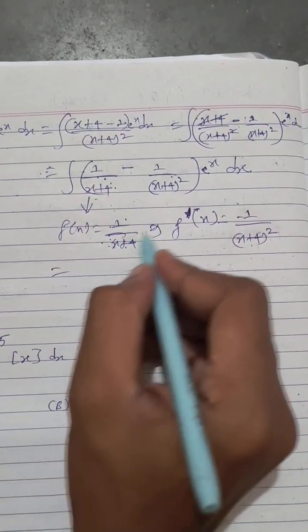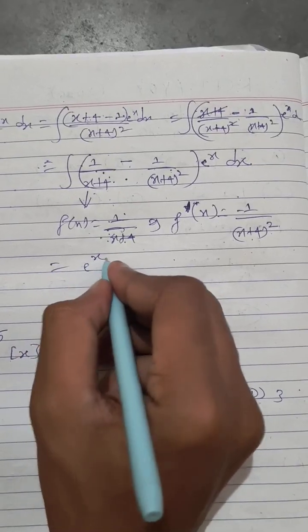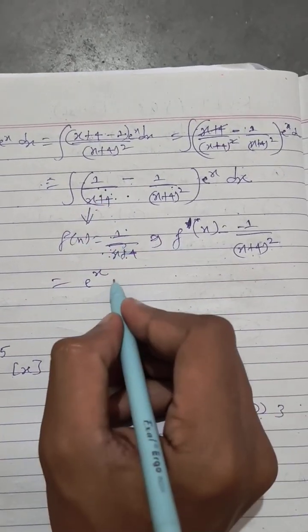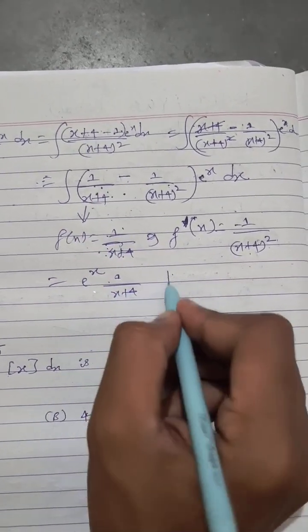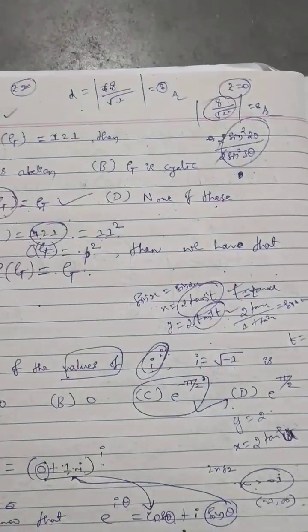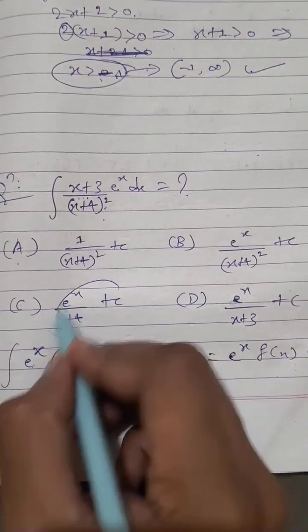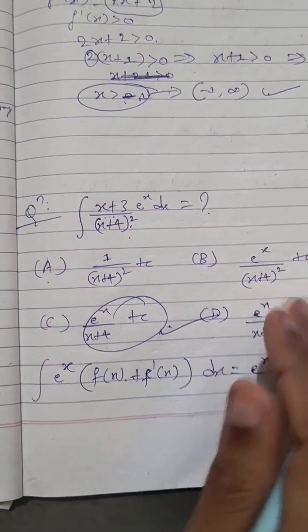Therefore, the value of this integral using the property is e raised to x into f of x. What is f of x here? 1 divided by x plus 4, plus c at the last. Is it clear, student? So which option is the correct one here? This option is the correct one. This is the answer. Is it clear, student?